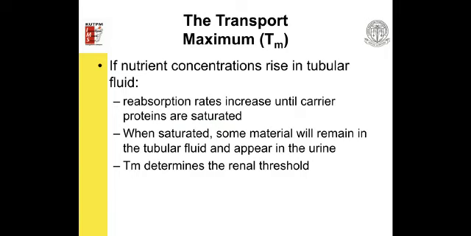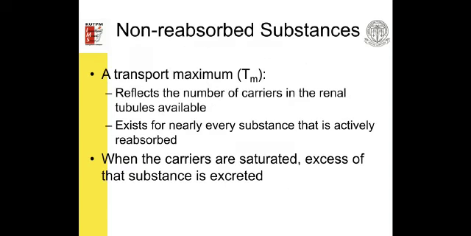If a nutrient concentration rises in the tubular fluid, the reabsorption rate increases until the carrier proteins are saturated. When saturated, some material will remain in the tubular fluid and appear in the urine. Tubular maximum determines the renal threshold. For substances which are not reabsorbed, the tubular maximum is different.